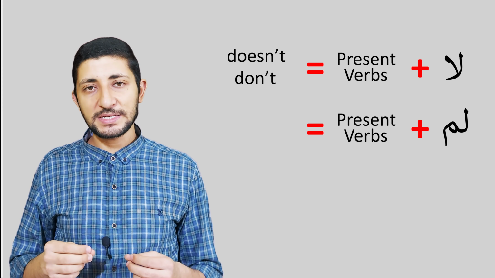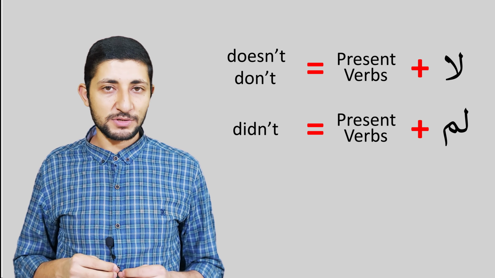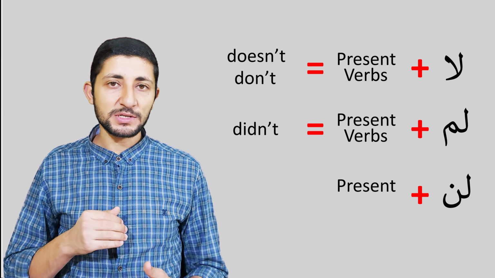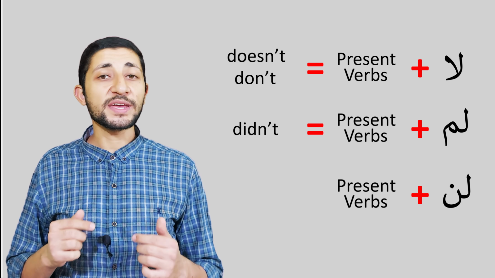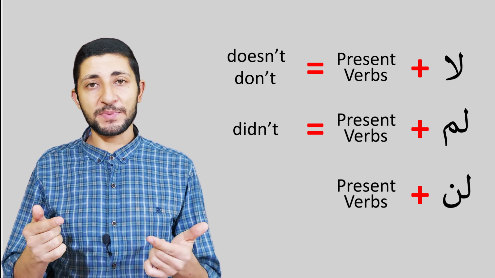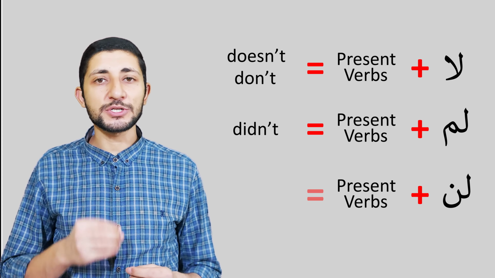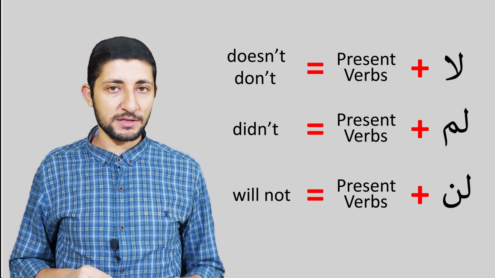And it equals didn't in English. And the third one, لن, is also used with present verbs, but this time to negate an action which is yet to happen in the future. So we can say it's equal to will not in English.